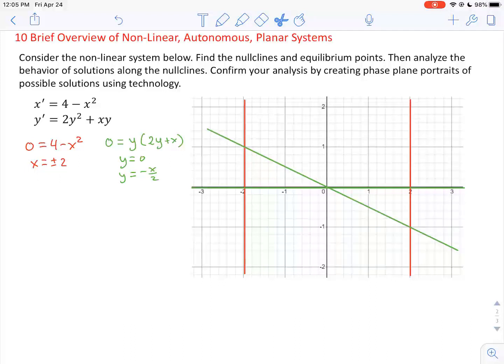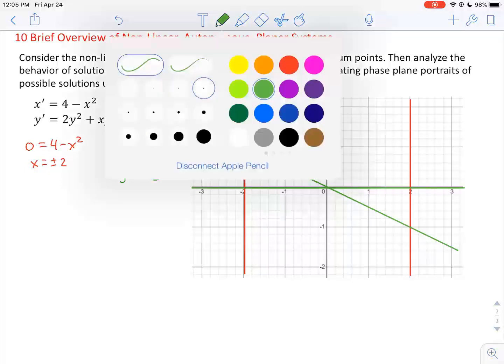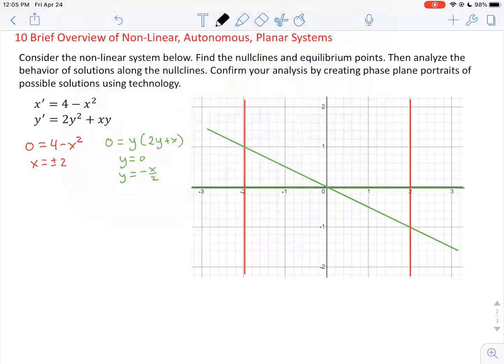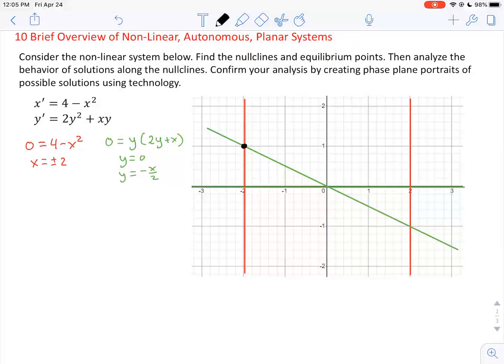Okay, that looks good. Now keep in mind, the equilibrium points are the intersections of green and red, not every intersection that you see here. That's why the different colors are helpful. So let's identify those next. Green and red intersect at this location, over here, and right here.